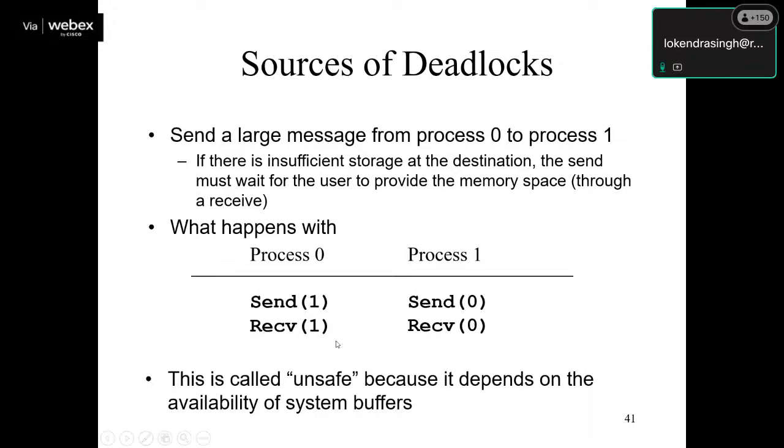Send 1, receive 1, send 0, receive. This is called unsafe because it depends on the availability of the system buffer. So you have some space. If you have no space, your program is going to halt or not going to generate the desired output. If you have enough space, there is no issue running the programs.